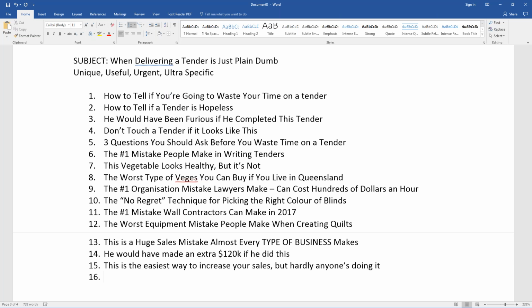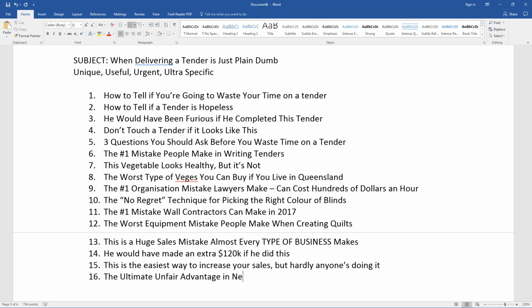Or the ultimate unfair advantage in industry, or this is the stupidest thing you can do to sell something. And you might talk about cold calling being stupid, and networking obviously gives you a much warmer opening.